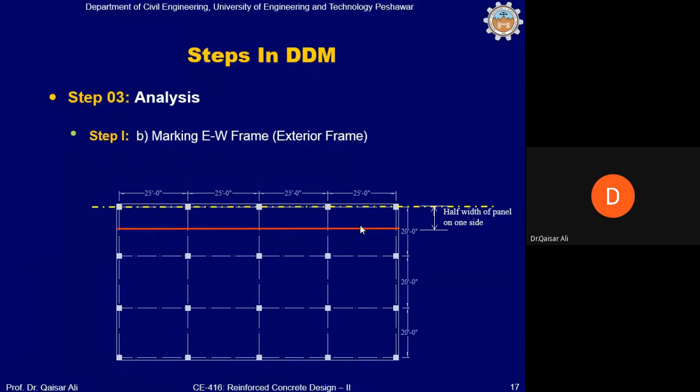On the other side, there is no panel. The frame will be completed by drawing another line at the exterior edge of the columns. From the column center line to the exterior edge of the column, there is only half the column width. This half column width will be added to the half width of the panel, and this will become L2 for the exterior frame.